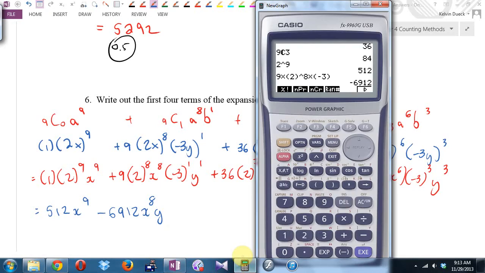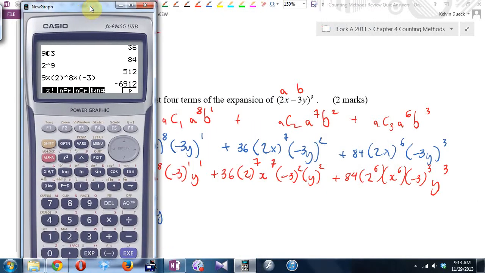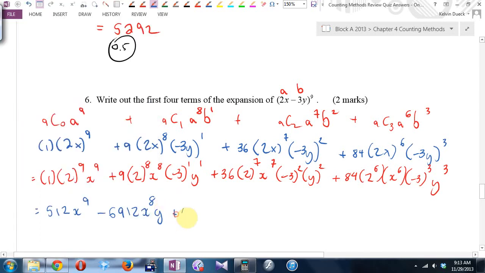The third term is going to have a 36 times a 2 to the 7th times a negative 3 squared. It's going to have a positive 41,472 x to the 7th, y squared.